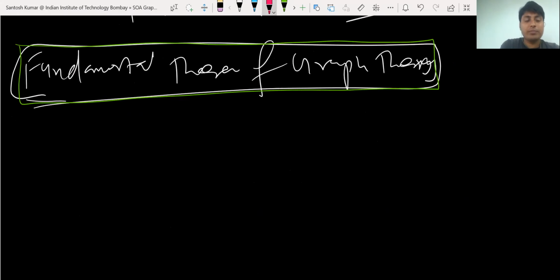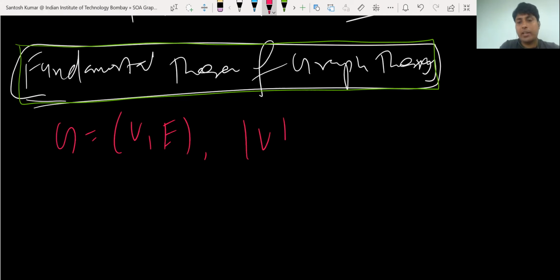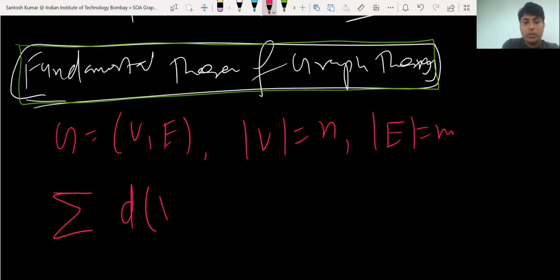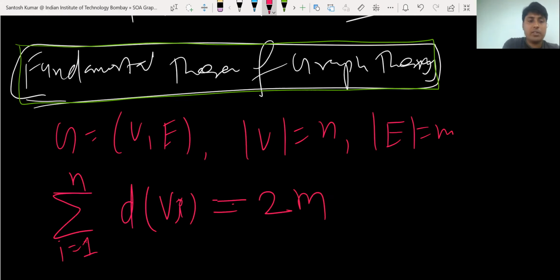Let me write the statement; I will prove it in the next class. If graph G is (V, E), the number of vertices is n and the number of edges is m, then the sum of degrees of all vertices, i from 1 to n, is 2 times the number of edges.